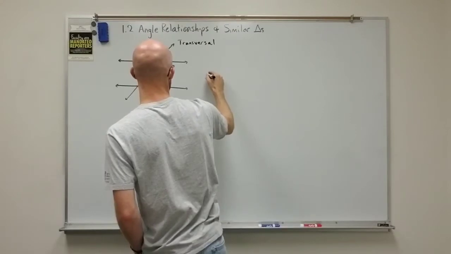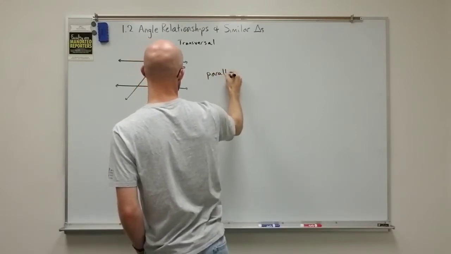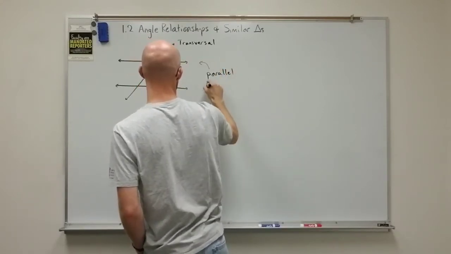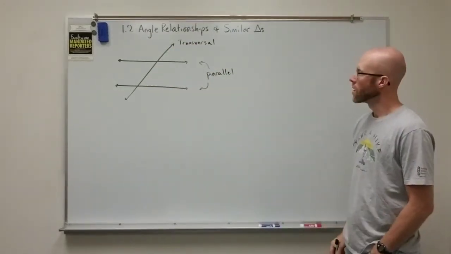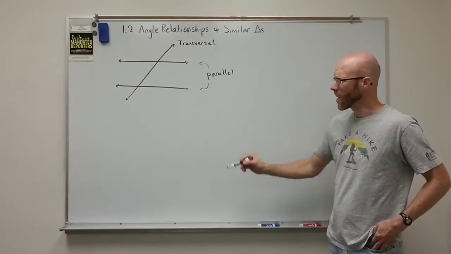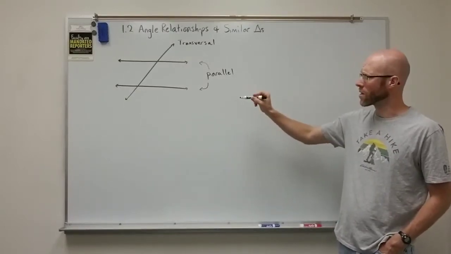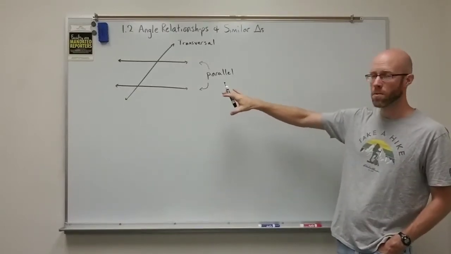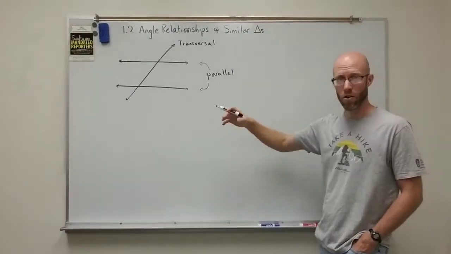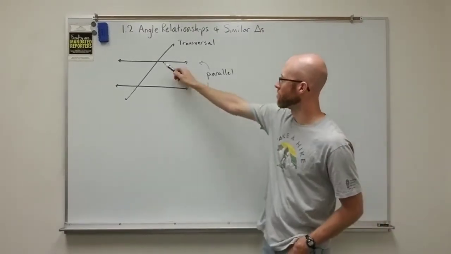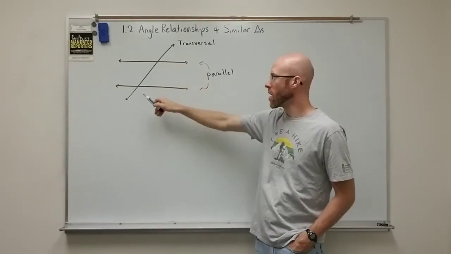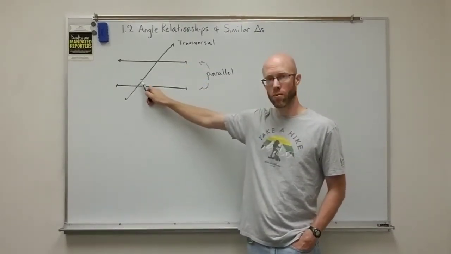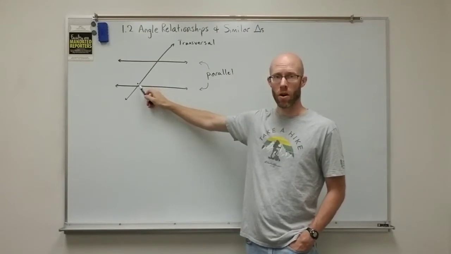and we have two parallel lines. Now in this diagram, you can see many angles forming. In fact, there are 8 angles. There are 4 where the transversal and the top parallel line cross, and there are 4 more angles where the transversal and the bottom parallel line cross.